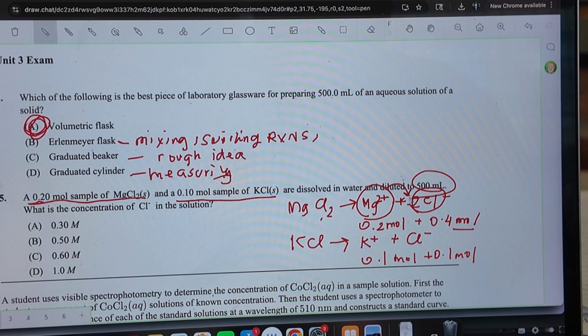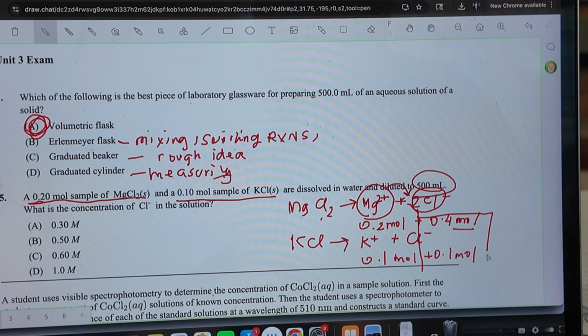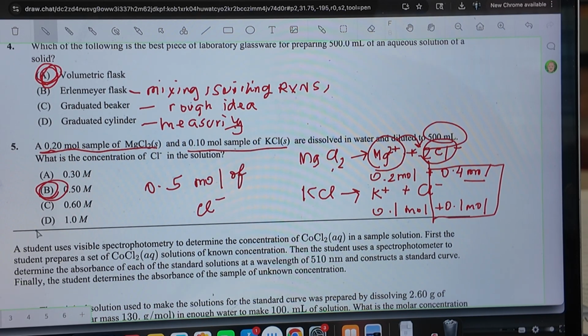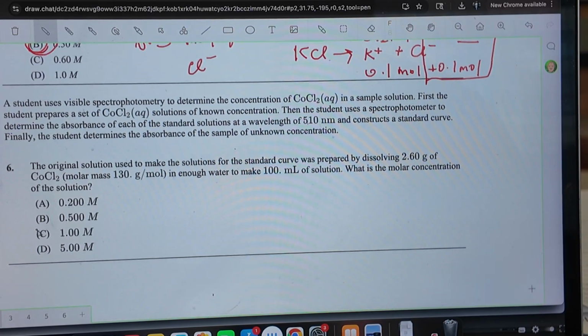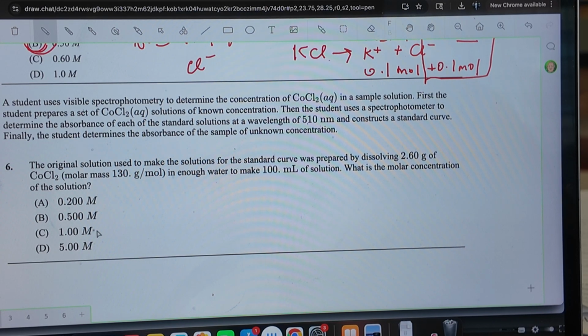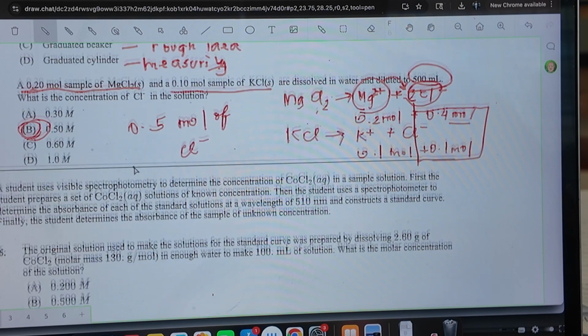Right, and now if you take the 2 Cl's here and add them together, you get 0.5 moles of Cl minus. And that's B. Don't worry, I'll upload this onto Schoology as well. Oh, wait. But we didn't divide. So we have 0.5 moles.